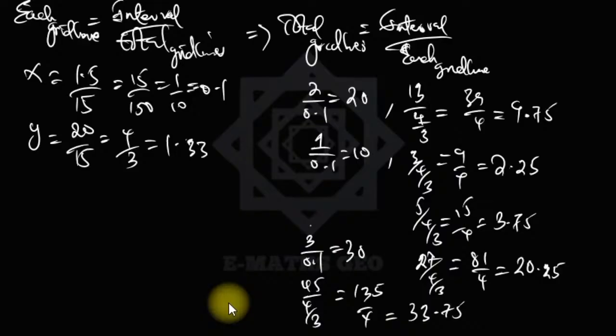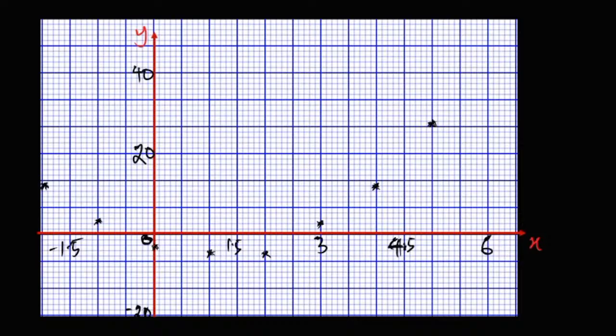So we'll move 3.75 grid lines up. 5, 10, 15, 20, 25, 30, 1, 2, 3. So somewhere here. So we've gotten the point.